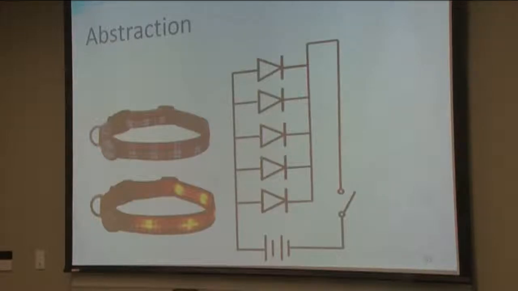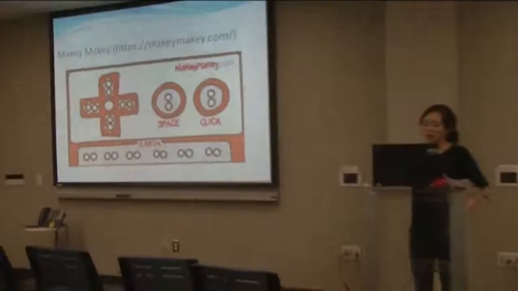We encourage them to draw the design before they even start to make it, and after they make it, they draw the design again to see whether they want to modify anything. We also encourage them to see the importance of abstraction, making the design easier, and so on.